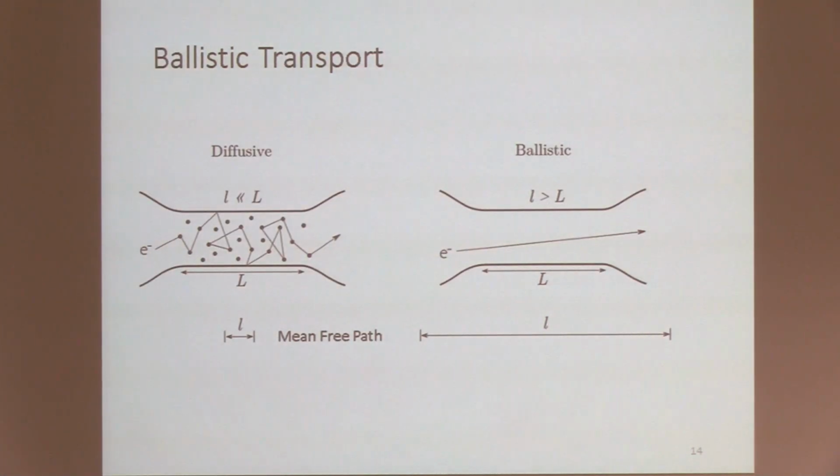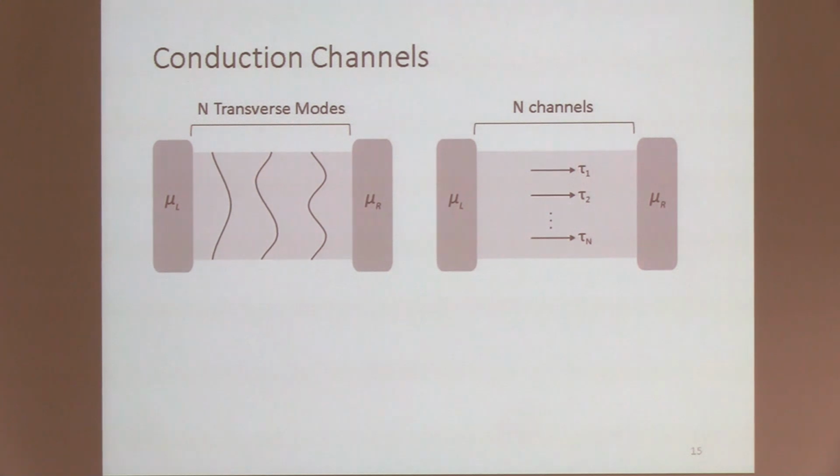To explain shot noise in this kind of molecular junction, we need to understand that transport is not happening diffusively. Transport is happening ballistically, because the mean free path is much greater than the junction length or molecular length. In an atomic junction, you can think of the transport happening through a few conductance channels, like transverse modes, like a particle in a box problem.